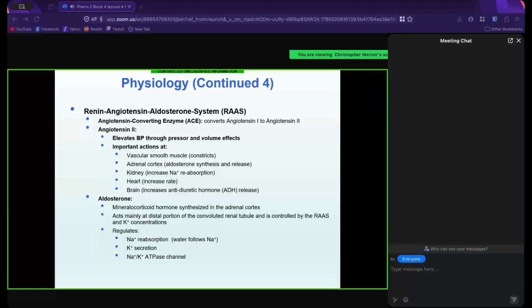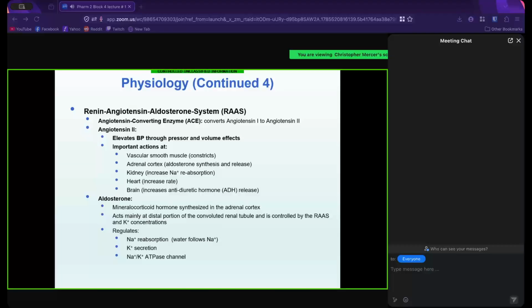Angiotensin 2 is one of the most potent vasoconstrictors in the body. So once we get ACE converting 1 to 2, now we have a bioactive substance in our system, angiotensin 2, one of the most potent vasoconstrictors in our body.